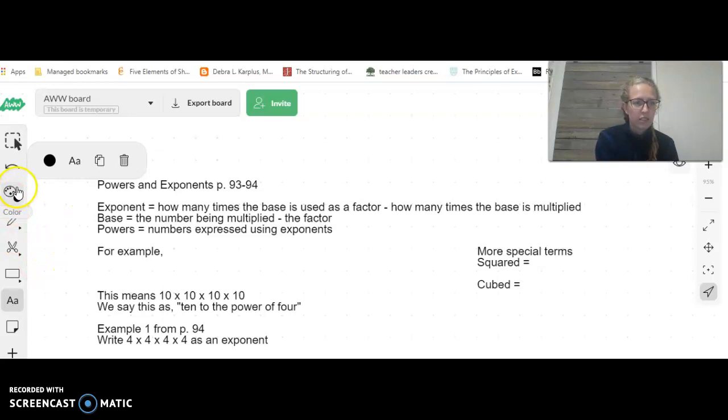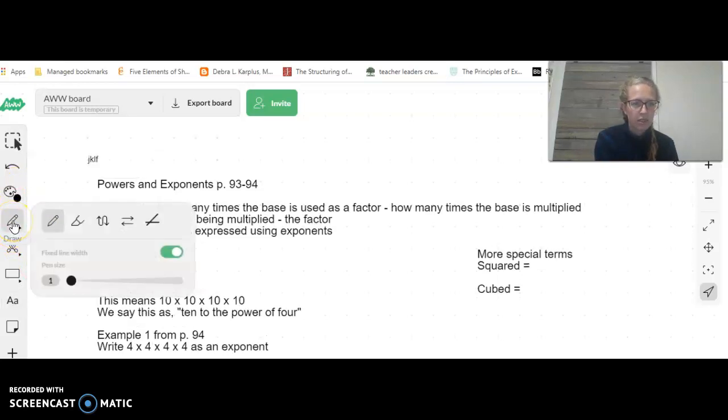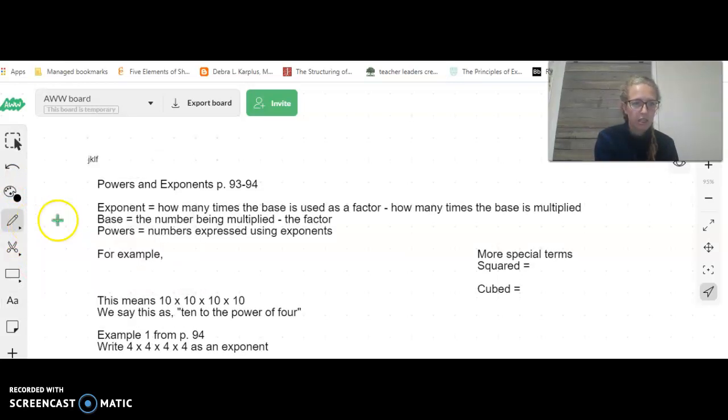Okay, so the first thing we're going to do is an example. I'm going to try this. So let's just say we have the number 7, nice and big. That's our base. My exponent, let's say, is 2. So before we go any further, this doesn't mean I'm multiplying 7 times 2.